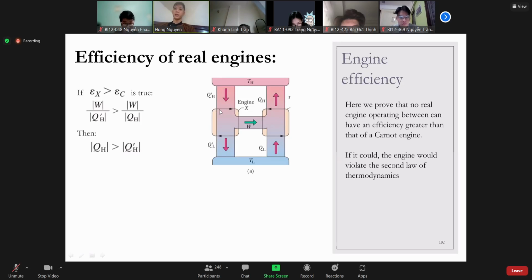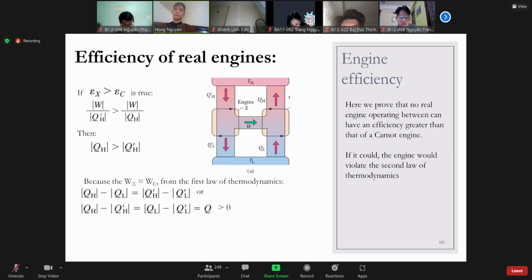This one is bigger than this one. Good. And because the work of the two things here is equal, from the first law, we can rewrite here. This one is the work of the Carnot engine. This one is the work of the X engine. We rewrite it. We should have this one equal this one.